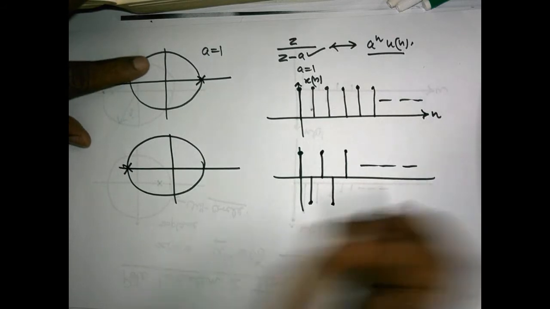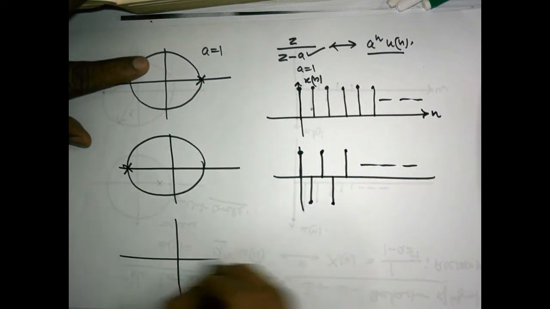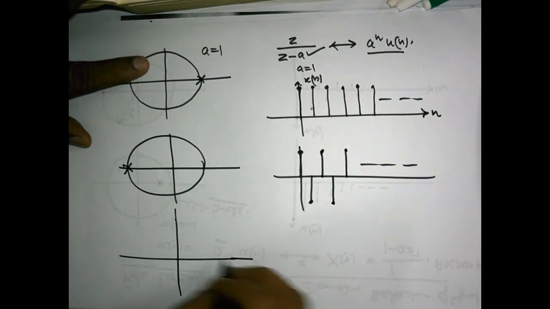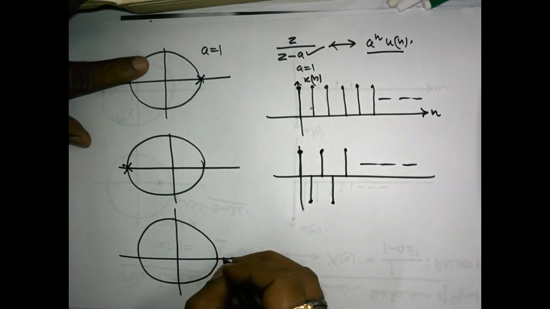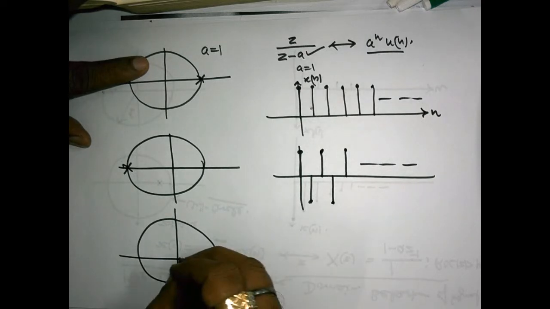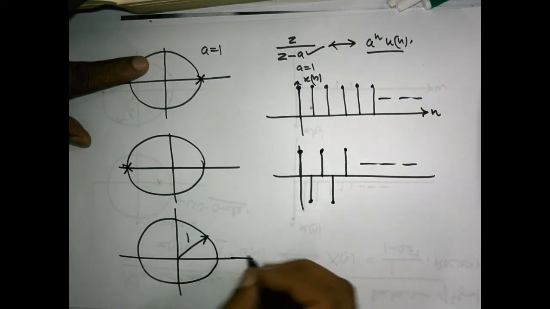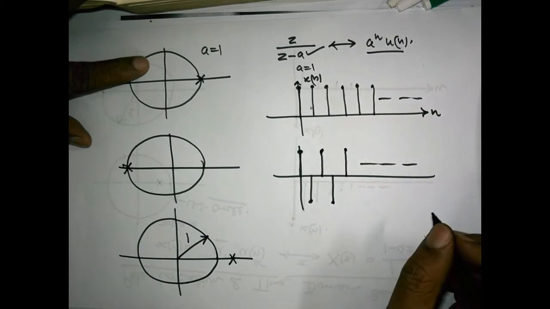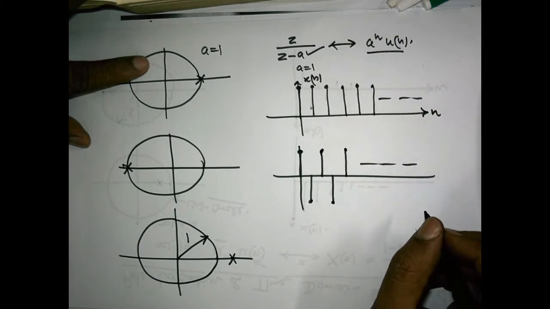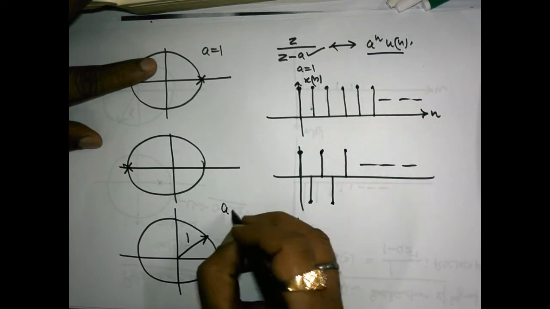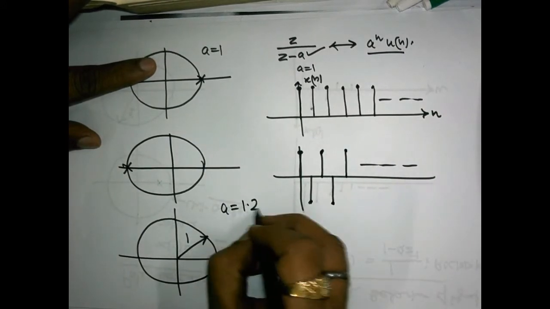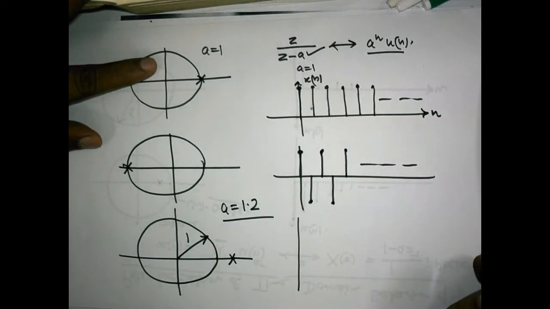Now you see what will happen if this pole lies outside this unit circle, which is a circle having radius 1. If this pole lies somewhere here, what will be the shape? Suppose the value of the pole is some 1.2, just for the example.